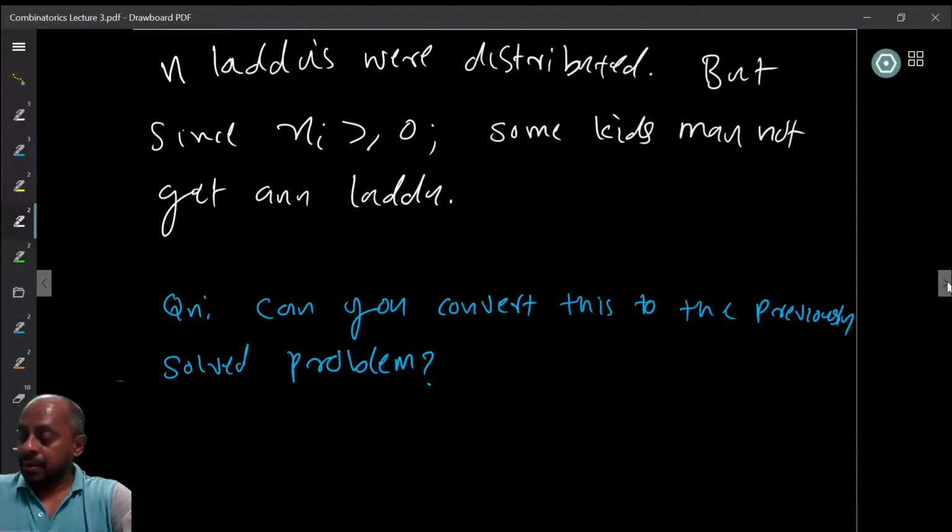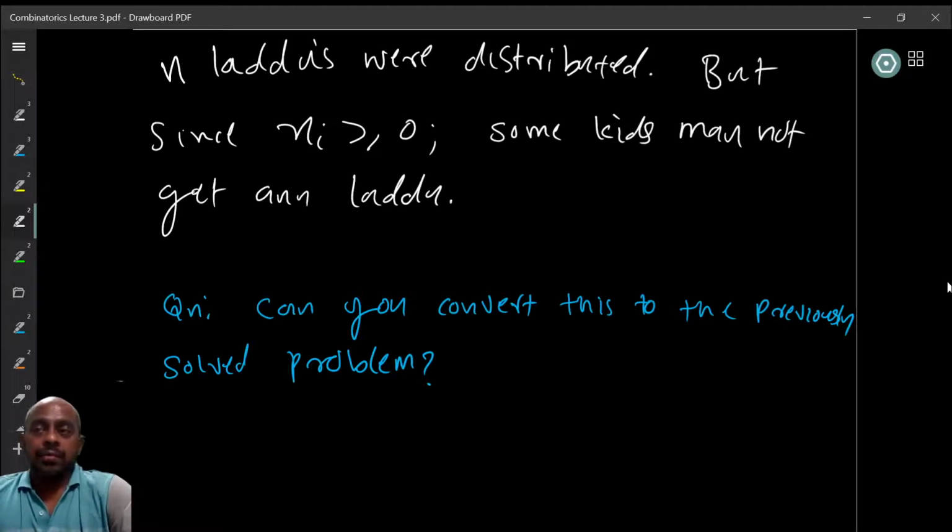Now, can you convert this to the previously solved problems, the previously solved problem just before, right? If you can convert it to a previously solved question, then that is the best thing to do in mathematics, right? Because you reduce the problem to an already solved problem.